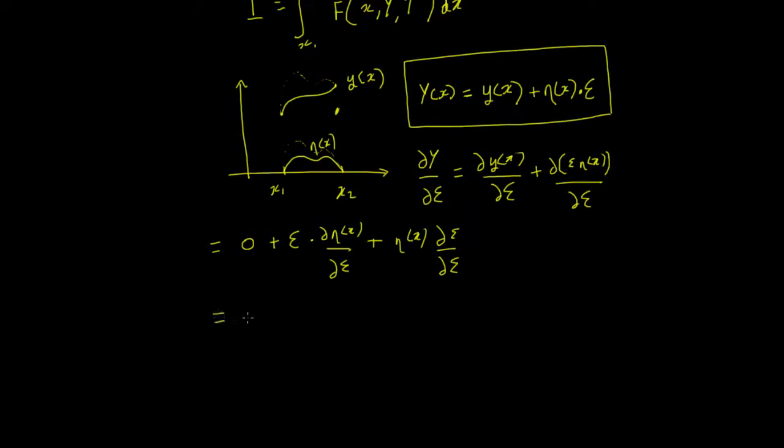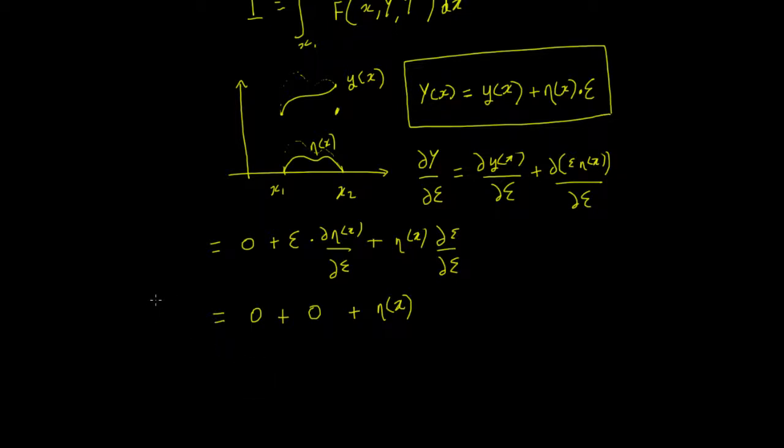Now again, eta is a function of x, it is not a function of epsilon, so that term would be 0, plus partial epsilon by partial epsilon is 1, so that would be eta of x.